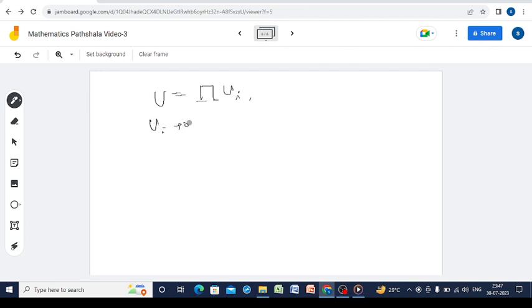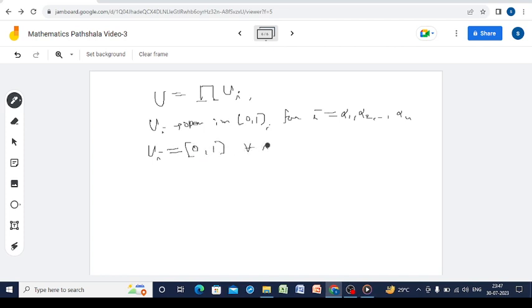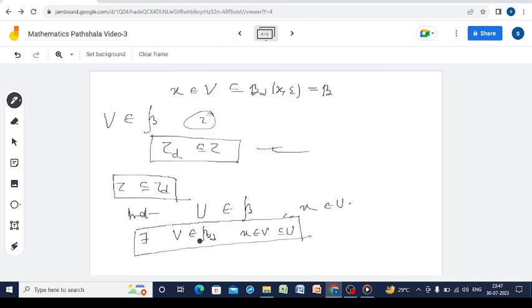Say Ui is open in the closed interval [0,1] for i equal to alpha 1, alpha 2, up to alpha n, and the rest Ui will be equal to the whole space, that is the closed interval [0,1], for all i not of this form alpha k. So we need to show that a basic open set V belongs to script B_d such that x belongs to V subset of U.